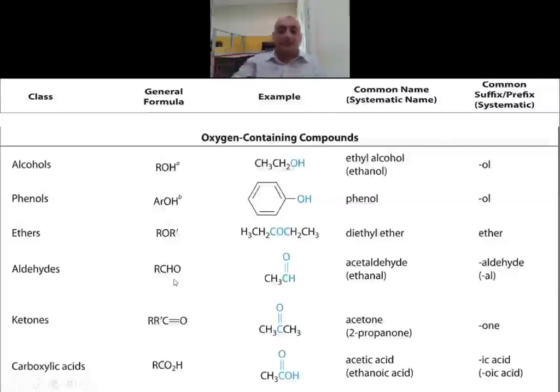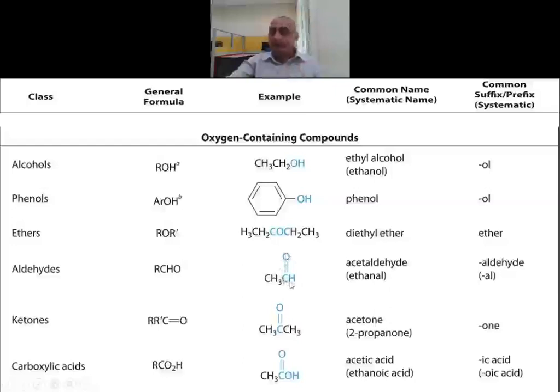But in the ketone, this is CO, it can come at the end, it can come in the middle or any place. Suppose, see here, this one is the functional group for aldehyde. So we can say this group is aldehyde.